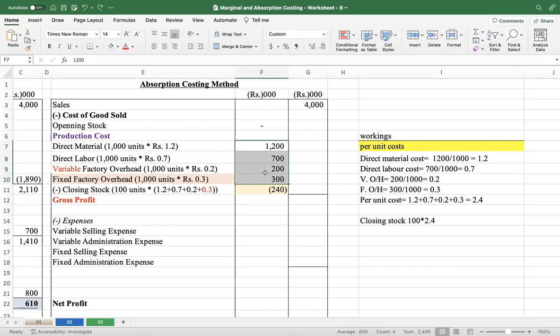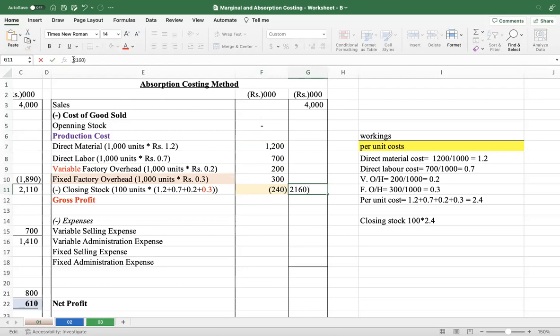So the value of this is 2,400. That minus 240 will be 2,160. So this is the value of the cost of goods sold. We need to deduct the value of the cost of goods sold from sales. 4,000 minus 2,160. That will be 1,840.